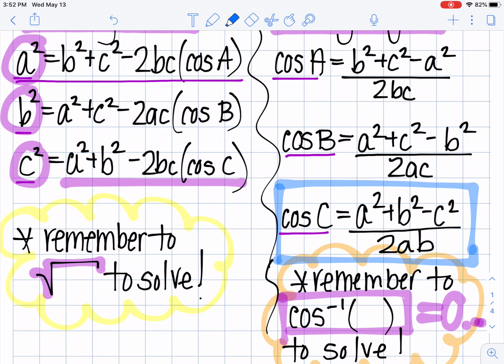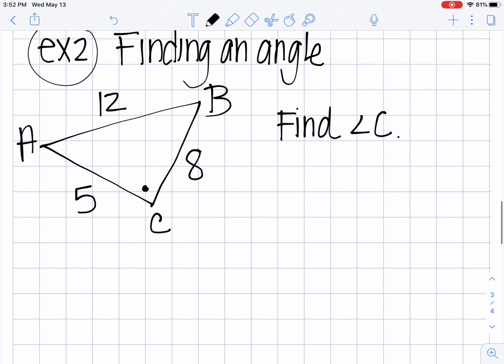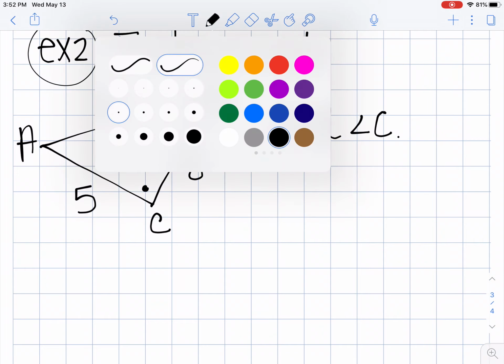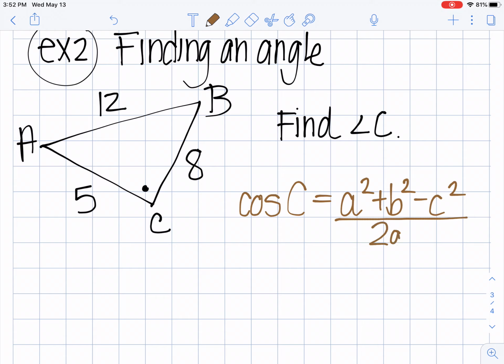Cosine of C is equal to a squared plus b squared minus c squared over 2ab.